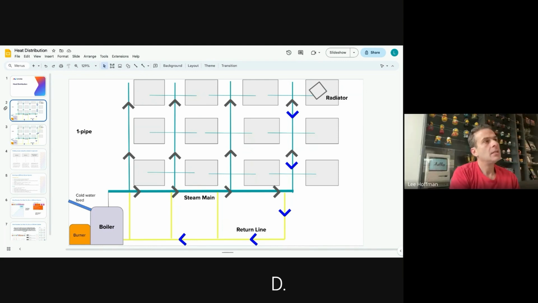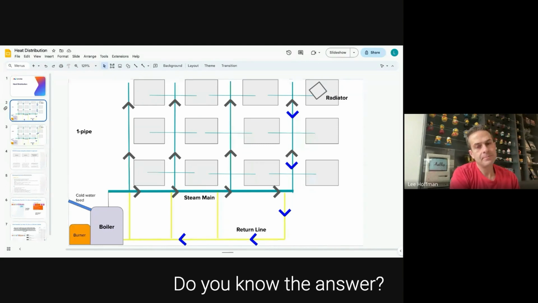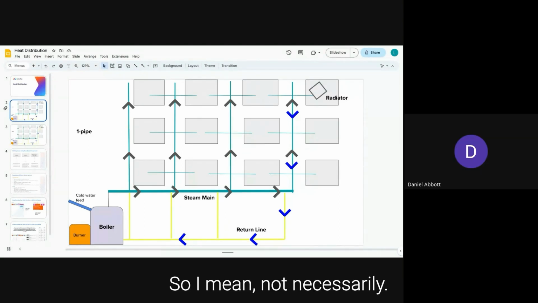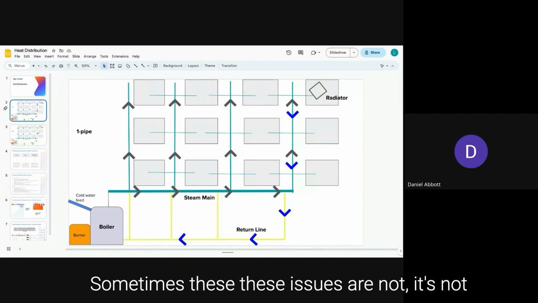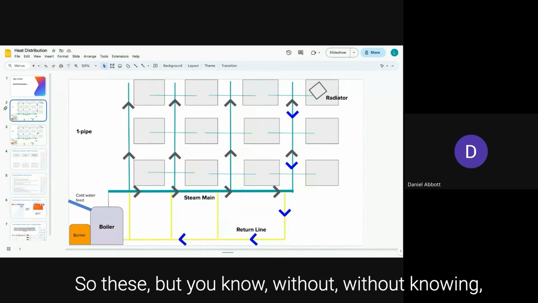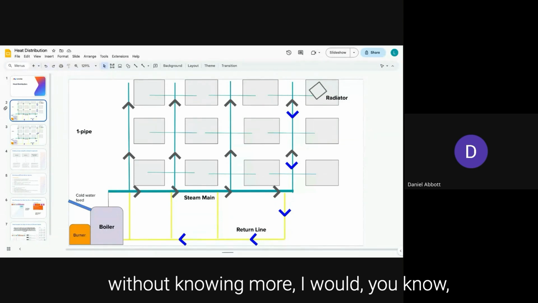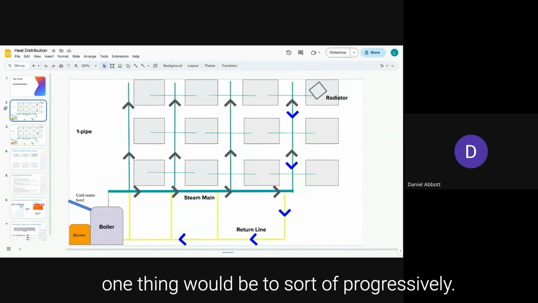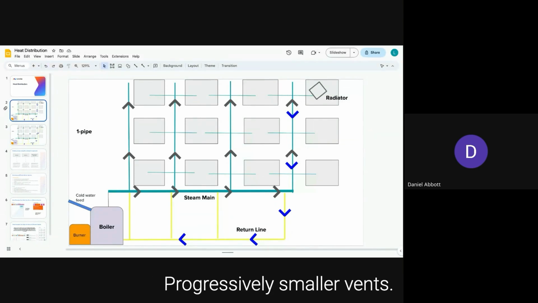Got it. DA, do you know the answer? So, I mean, not necessarily. Sometimes these issues are not like, oh, here's the fix and it magically solves them. But without knowing more, one thing would be to progressively use smaller vents, if you have vents on the main.